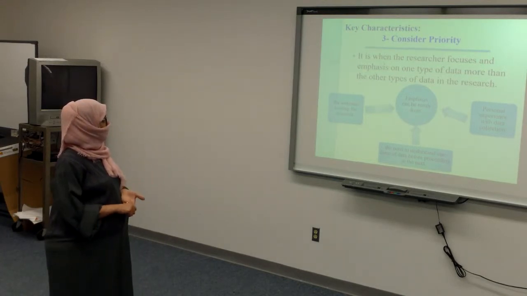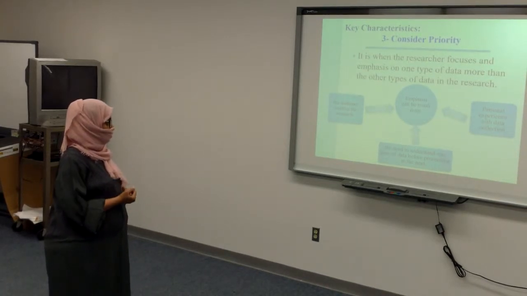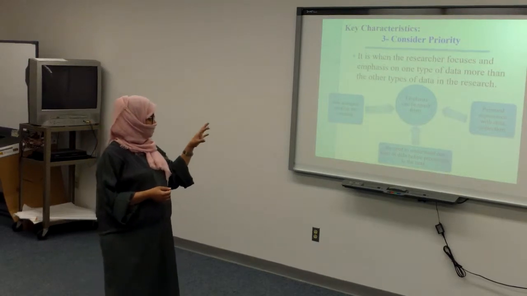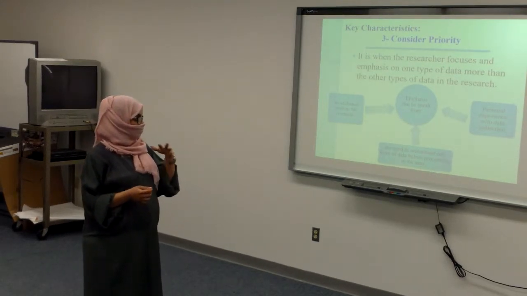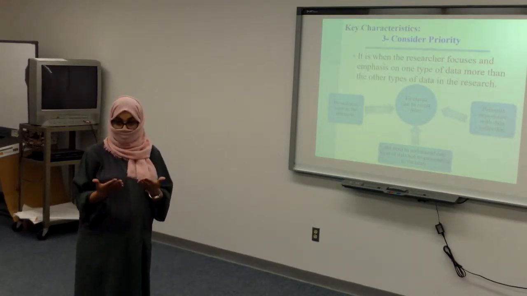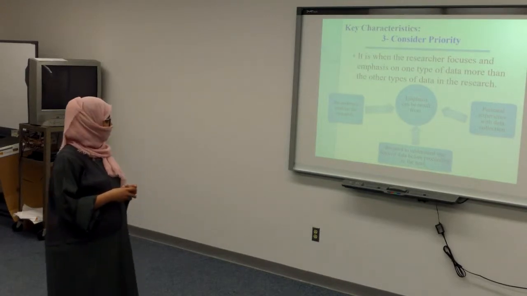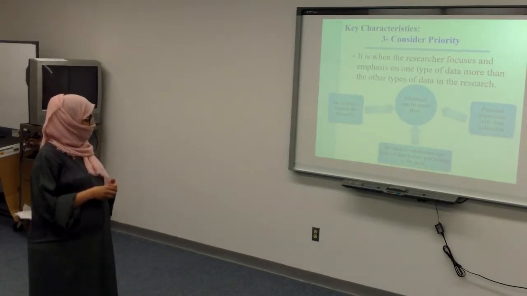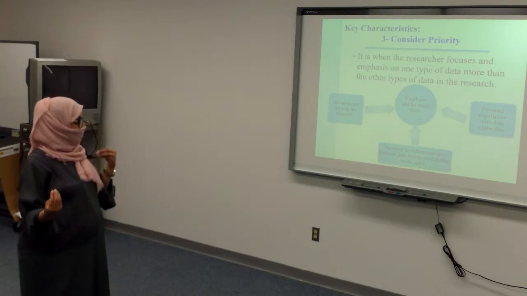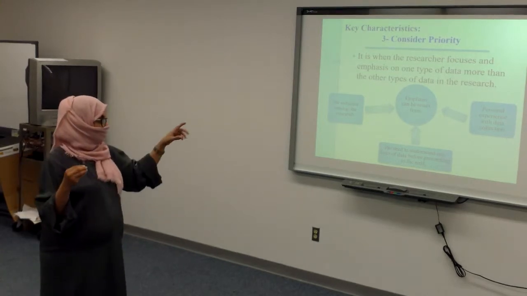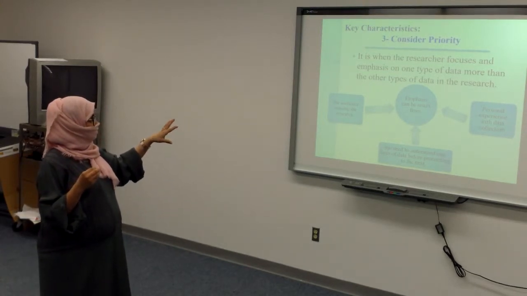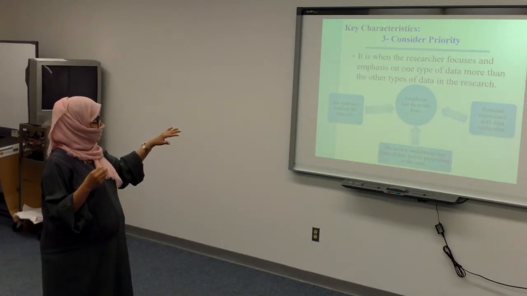Here the third key characteristic is to consider the variety of the data: which data is more important, and what to emphasize. This can result from your personal experience with the data, or the need to understand one form of the data. So basically, consider the priority of the data.